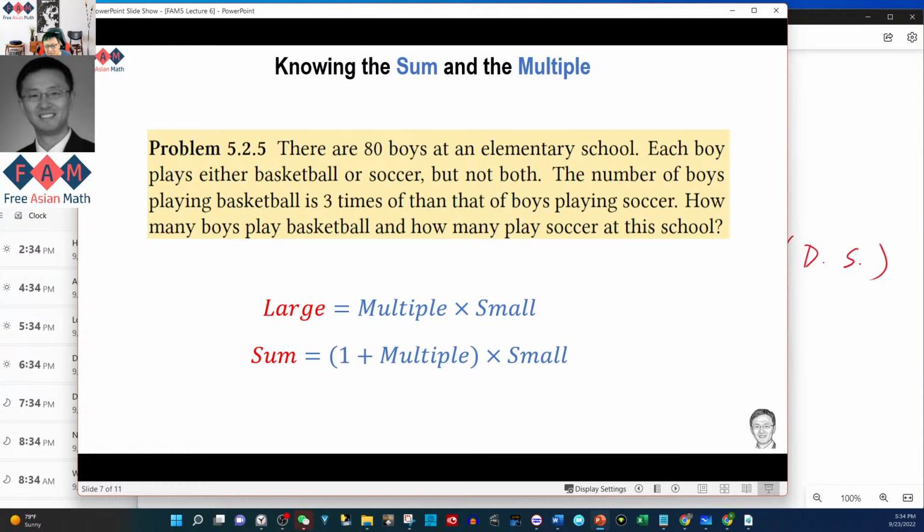And you can see that the last two, the sum and multiple, and the difference and multiple, are actually based on the first type, which is the sum and the difference. The only thing different is that because there's a multiple relationship, we can use the distributive property and factor this out. But essentially, the sum and difference relationship is still the same.